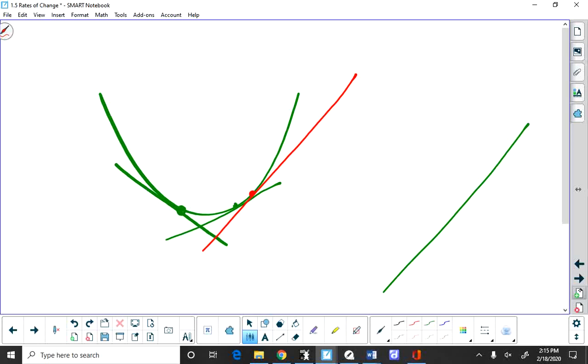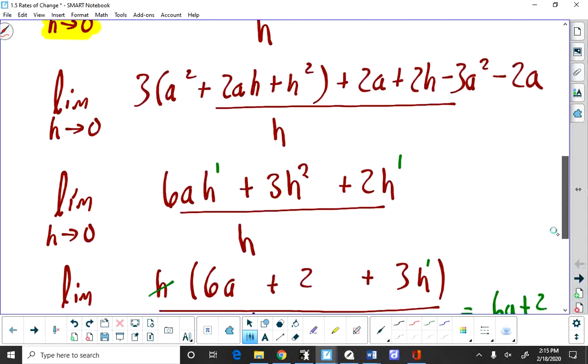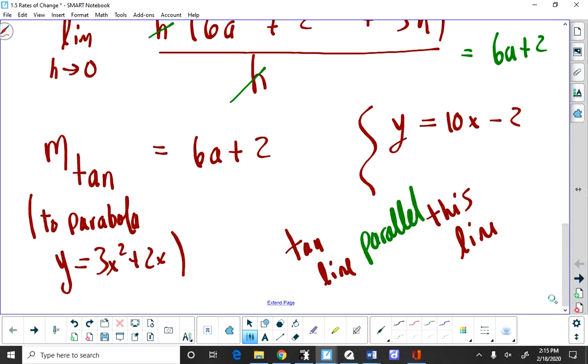And what makes them parallel is that the slope of this line and the slope of 10x minus 2 are equal. That's why lines are parallel. So if we go back and take a look, this line has a slope of 10, which means the slope of the tangent line has to be 10.